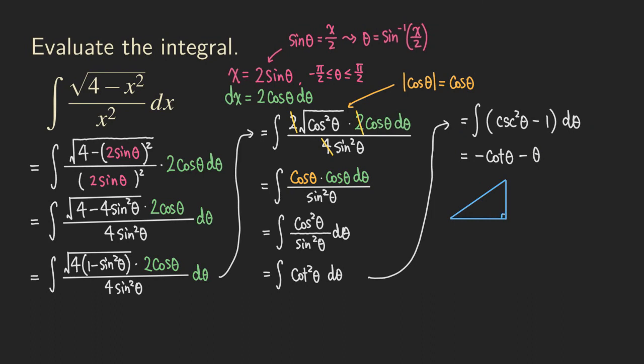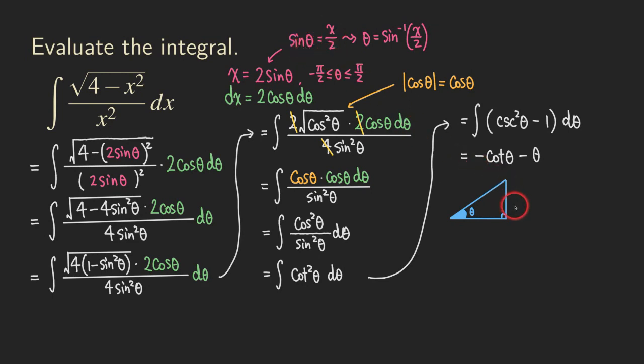And then we look at the theta right here. So let me just shade this angle just for us to see more easily. Now for the theta, then what's going on here? Sine of this angle theta is equal to x over 2.